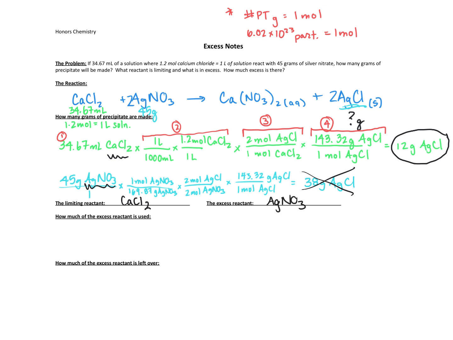So the next thing we're going to do is calculate how much of the excess reactant is used. In this process, we started with 45 grams of our silver nitrate, and we know we didn't use it all up, because had we used it all up, we would have made 38 grams of silver chloride. We know we didn't make 38 grams, we only made 12. So I always like to circle how much we actually made and cross off the one that's not even a real value, right?